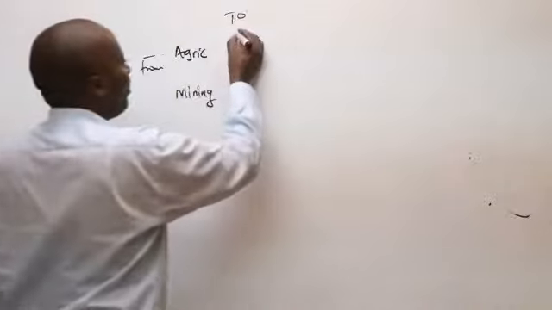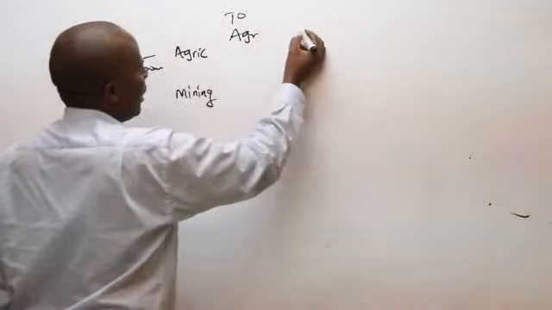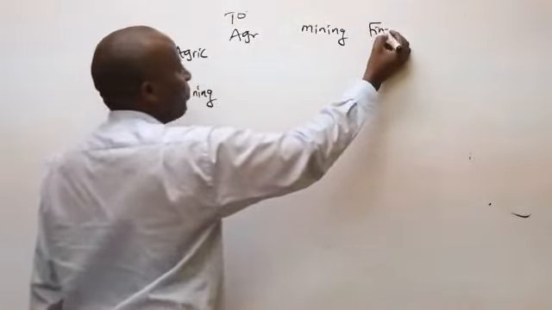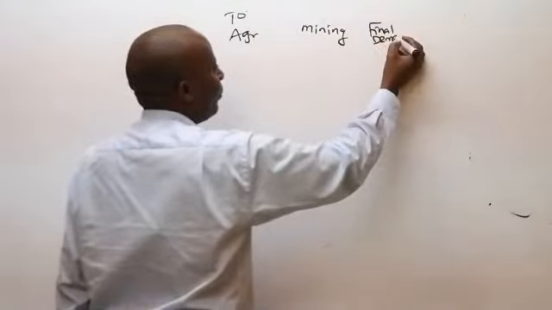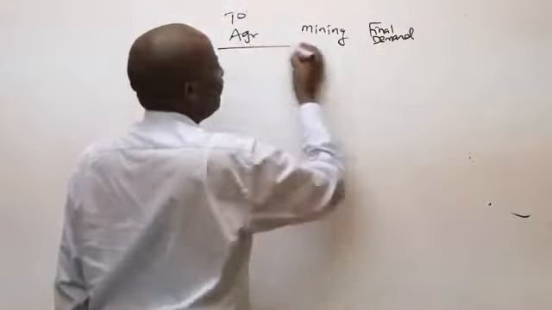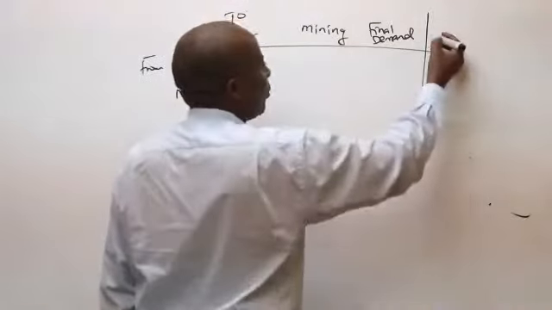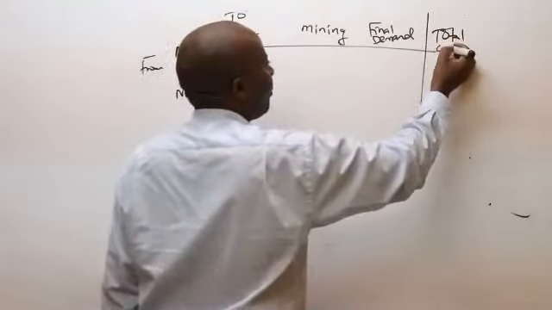We have the same matrix here, agriculture, mining, then the final demand, and the total output.